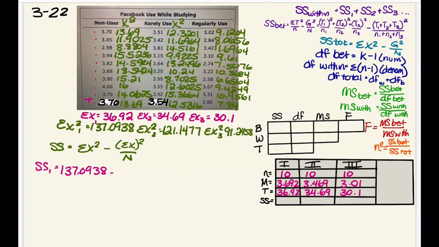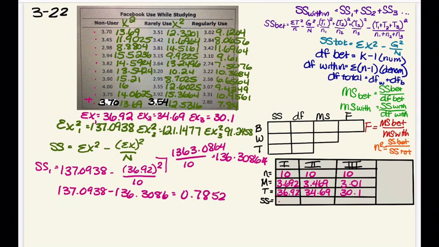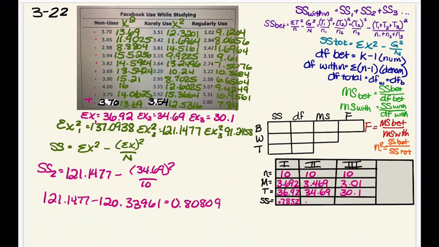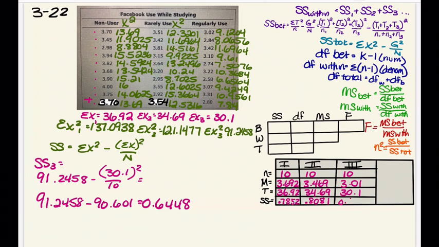The sum of squared deviations formula is the sum of x squared minus the sum of x, squared, divided by n. And in this case is 0.7852. We'll calculate the second sum of squared deviations the same as the first and come up with 0.8081.